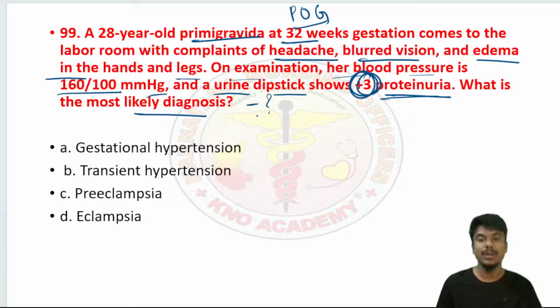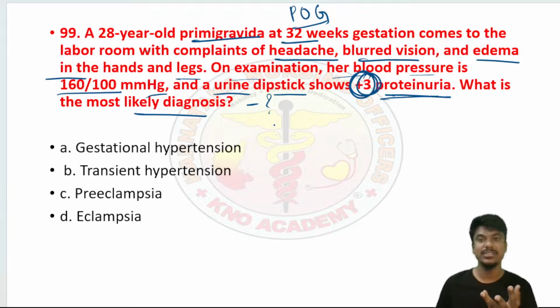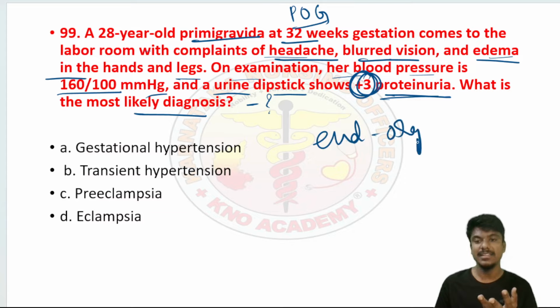The examiner is asking you to diagnose the case based on the complaints and assessment findings. The headache, blurred vision, and edema indicate end organ damage is present.